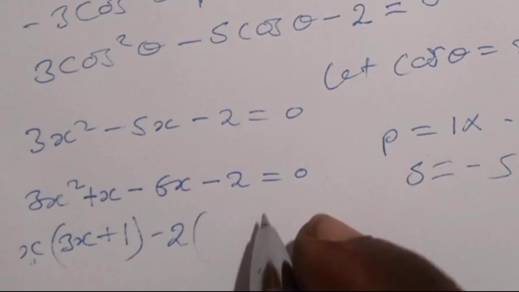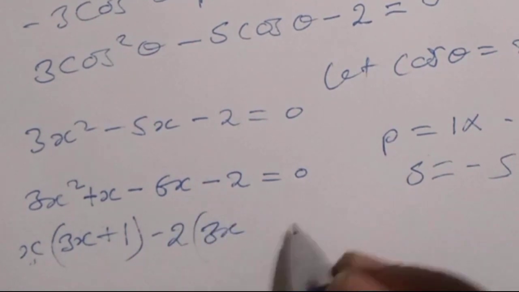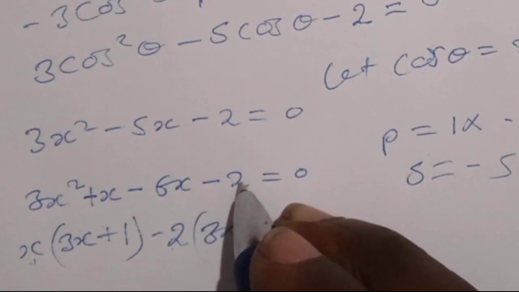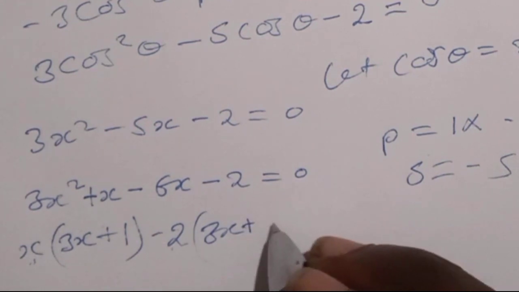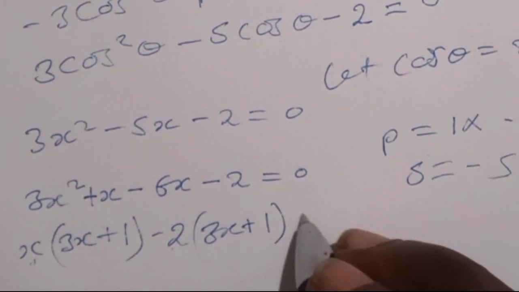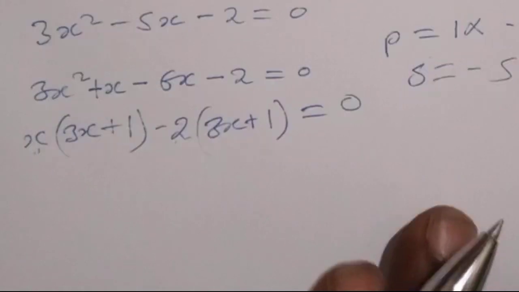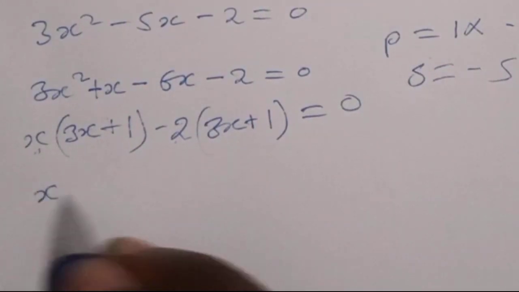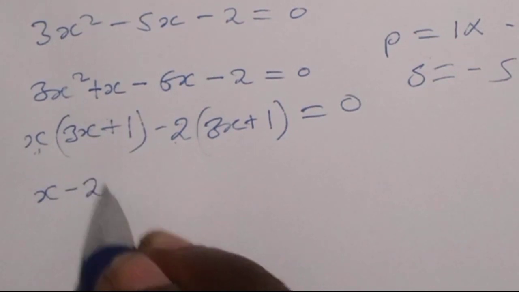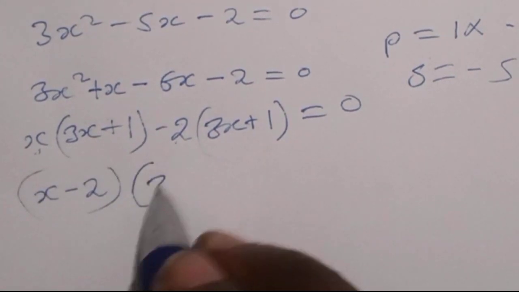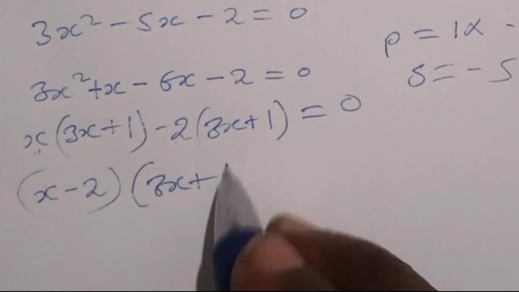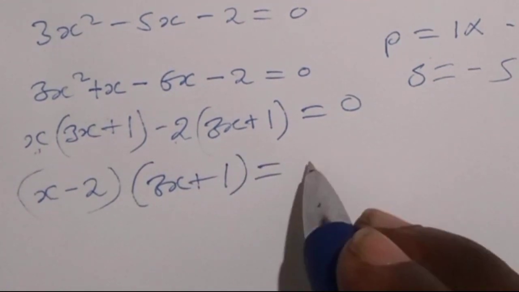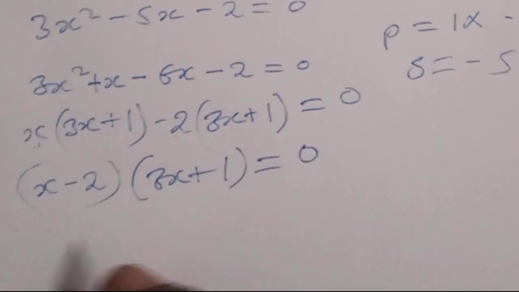Minus 2 into 6x, we are going to have 3x, minus 2 into minus 2, which is positive 1, close bracket, which is equal to 0. So now let's get the terms: x minus 2 in the bracket, then 3x plus 1, equal to 0.